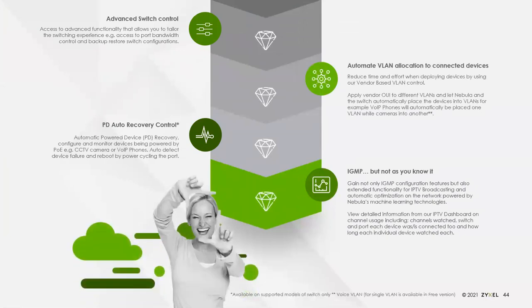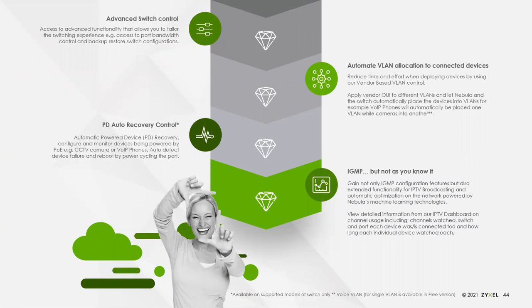On the switch side of things, we unlock additional IGMP settings, automatic VLAN configuration where you can set up VLANs to be assigned based on basically the first few digits of a device's MAC address.